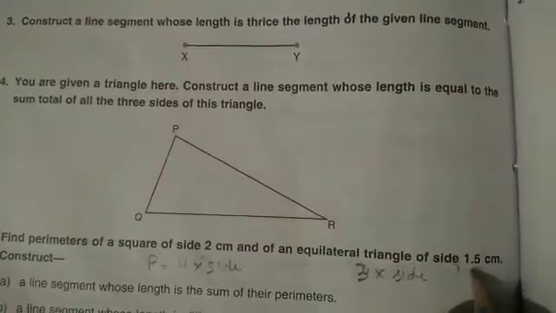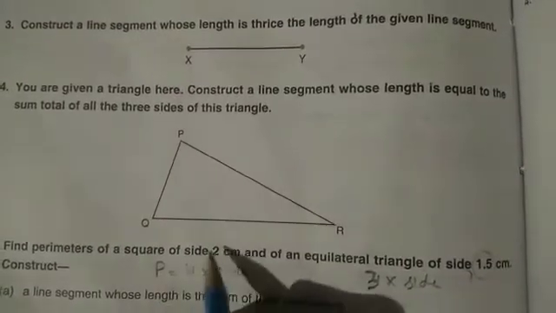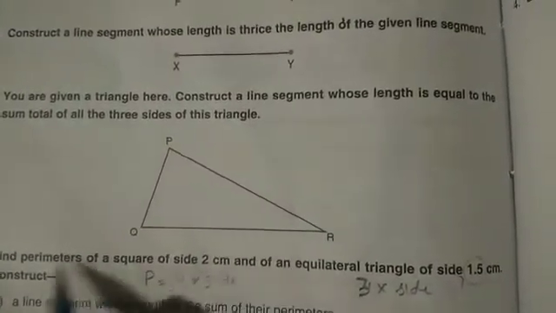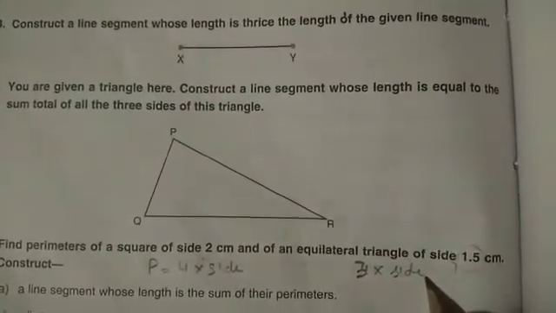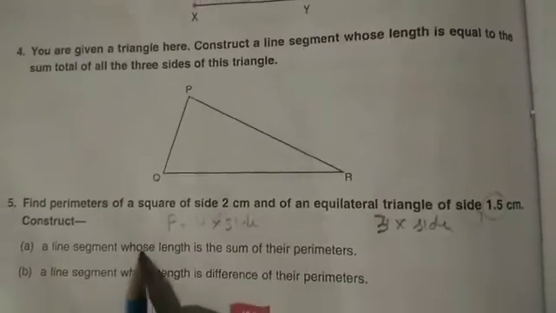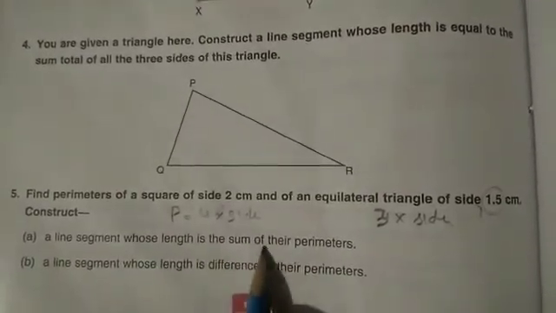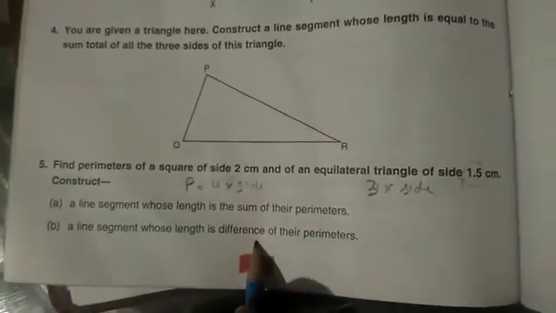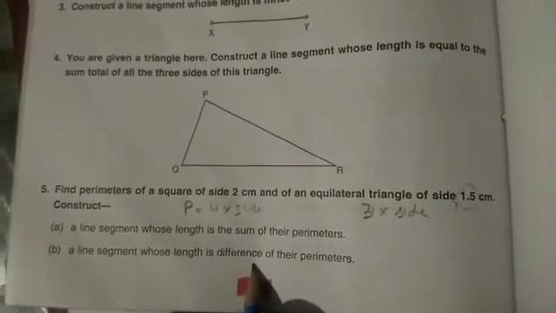That is, multiply this value by 3 and this value by 4. We will get the perimeters. Now after getting this, we will construct a segment whose length is the sum of their perimeters, and then the length is equal to difference of their perimeters. We can do this easily.